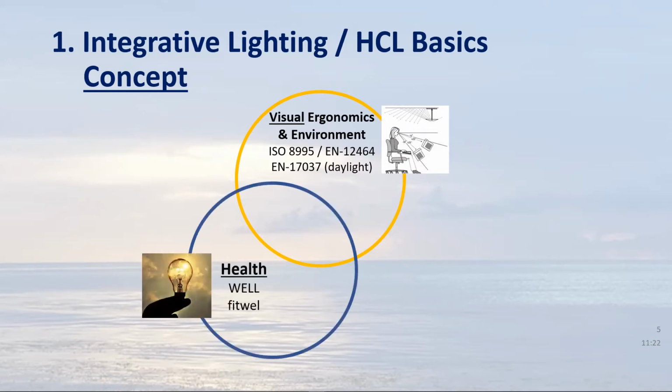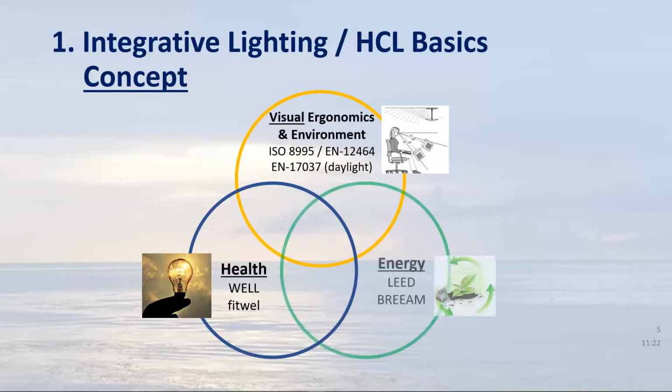Then we have the health, where we can think in terms of WELL and Fitwel. And then we have the energy, that is in standards such as LEED and BREEAM. So human-centric lighting or integrative lighting can be understood as the intersection of these three: visual, health, and energy.